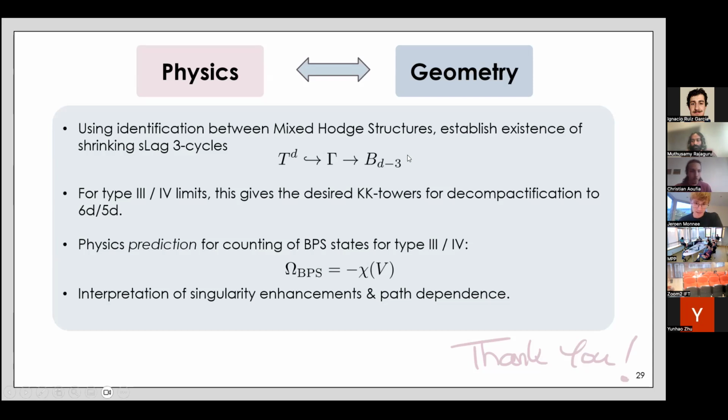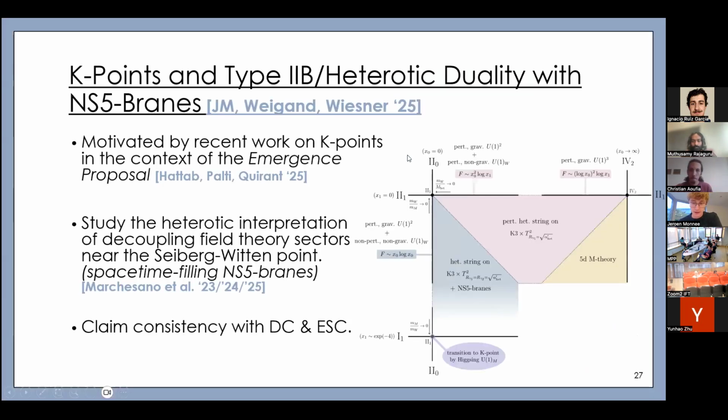So what we claim essentially, if I go back to this picture, is that if we for a moment stay in the two-parameter case, along this 2,0 locus here, which is a particular kind of type 2 limit, we argue that there is some field theory sector described by the space-time filling NS5 branes.